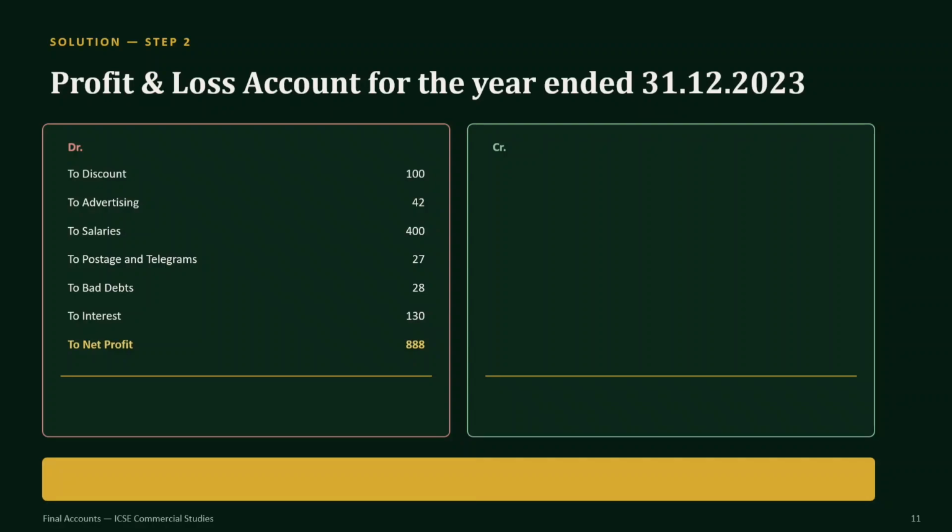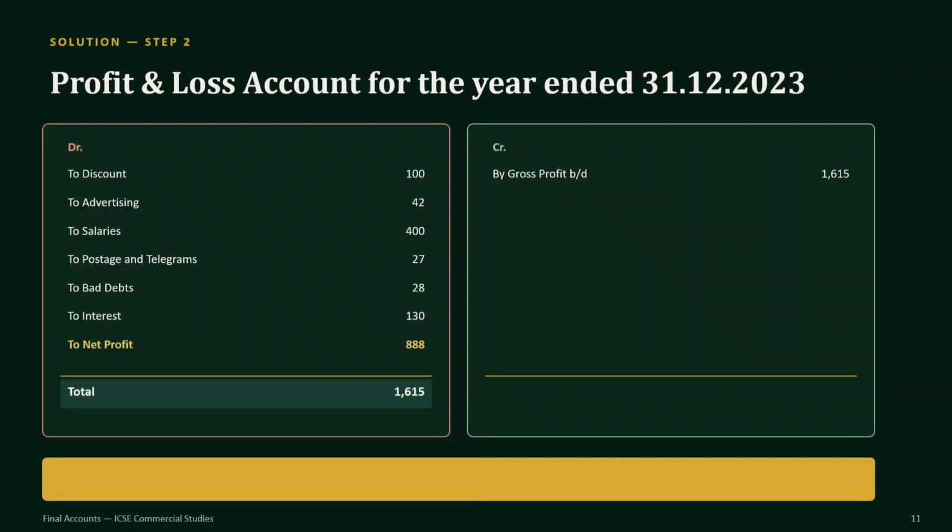This is the trial balance's way of whispering that it is an expense, not an income. Bad debts, interest, they are all to be summed up here together. Take it off the gross profit and you land on the net profit. That's the real take home for the year.